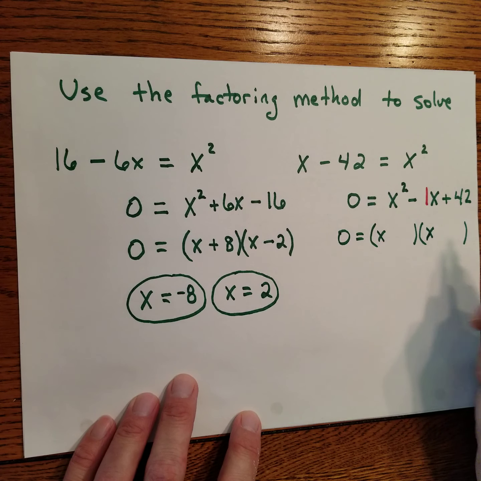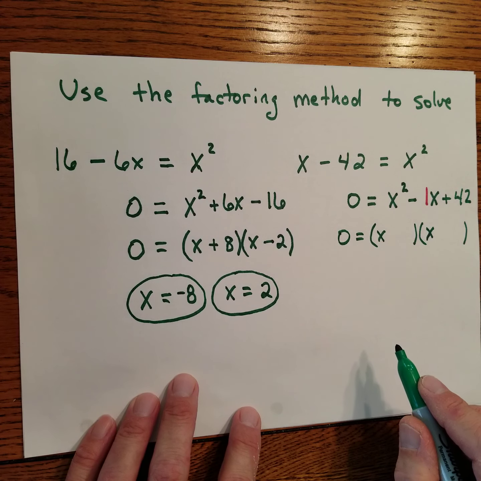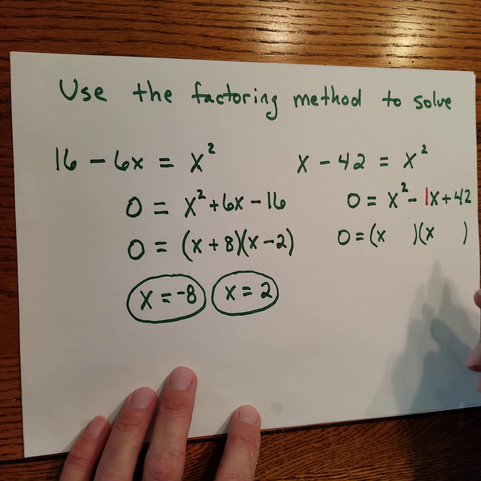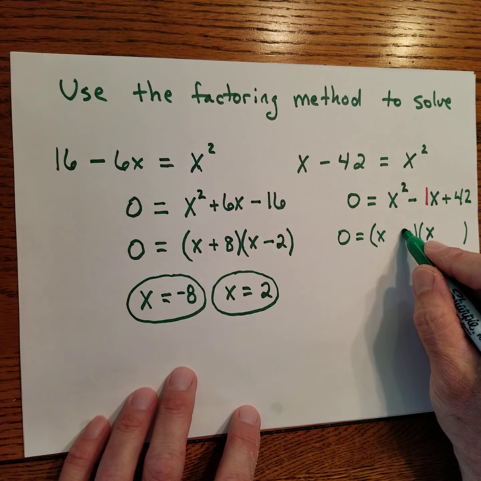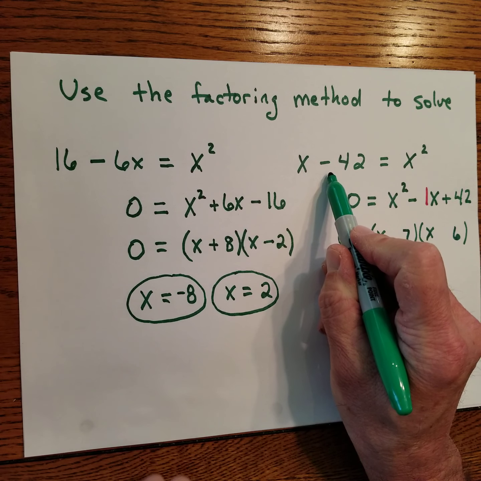I need two numbers that multiply to 42, and when I combine them, they must give me negative 1. Well, two numbers that multiply to 42 could be 7 and 6. I think I made a mistake.